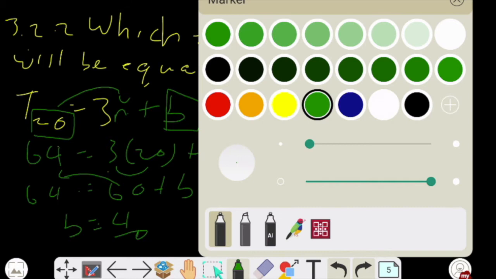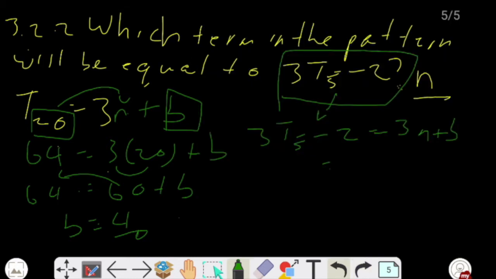And then from here it's just straight substitution. In this case we will have 3, and then close bracket, 5 plus 4 minus 2. Let me just bring it closer.